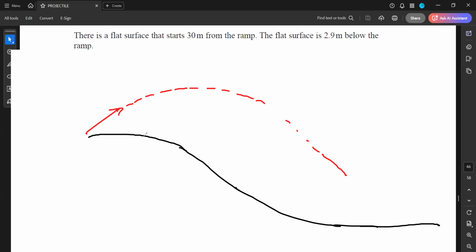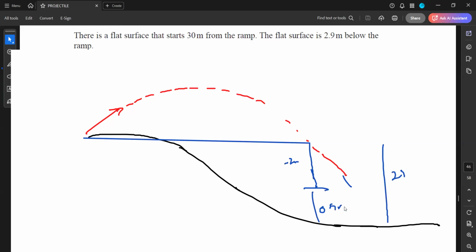If we consider this as the horizontal from the point where we launched, what is his position? He's 2 meters below the point where he started, and the total was 2.9 meters. So he's 0.9 meter above the flat surface after covering 30 meters.